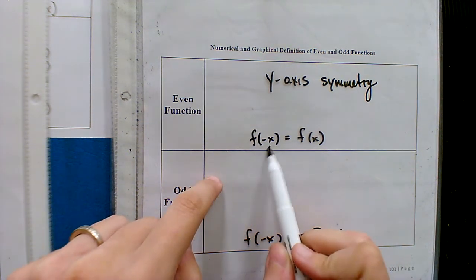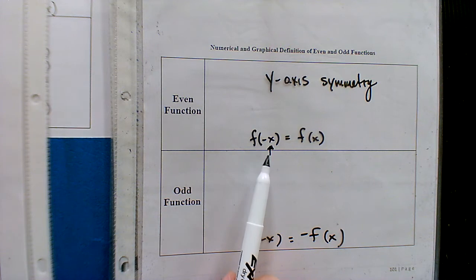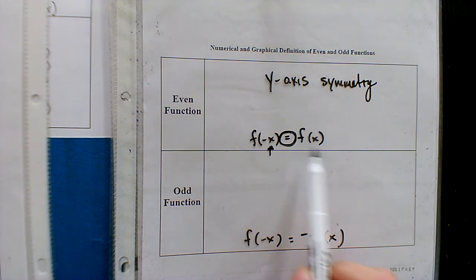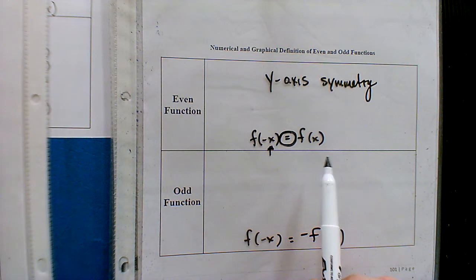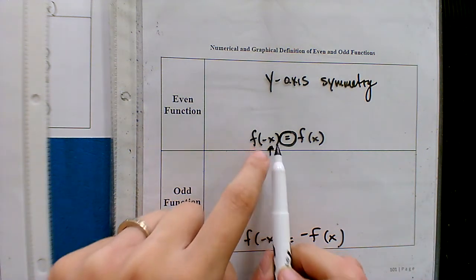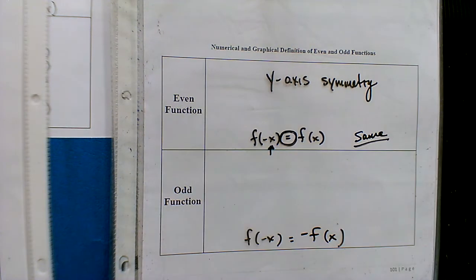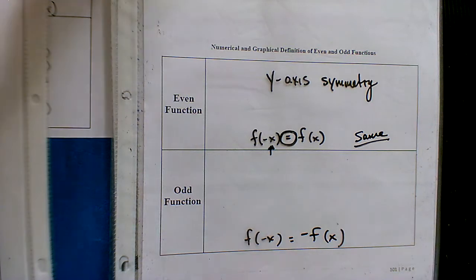If we were to plug in a negative x into our equation, for every x that's in there, we should get out f of x, which typically represents the original equation that we start with, like f of x, g of x, h of x, whatever it's called. So what we're testing here is if we plug in negative x, do we get the same equation that we start with? We're going to explore that idea today a little bit further.